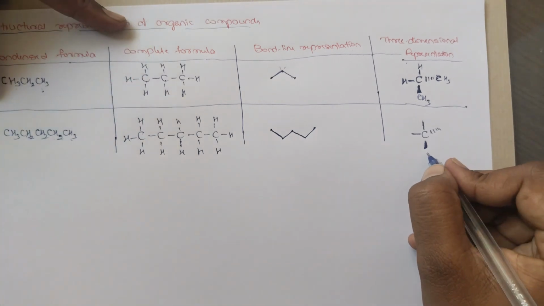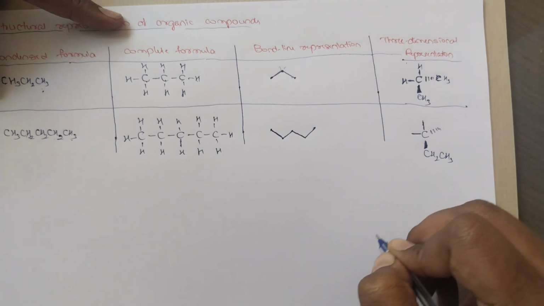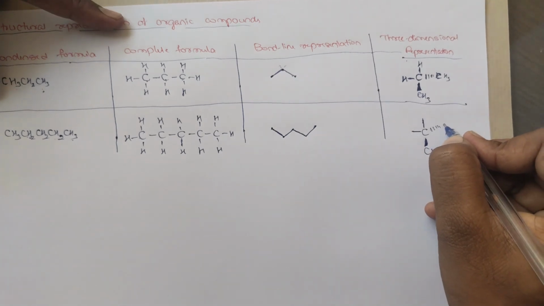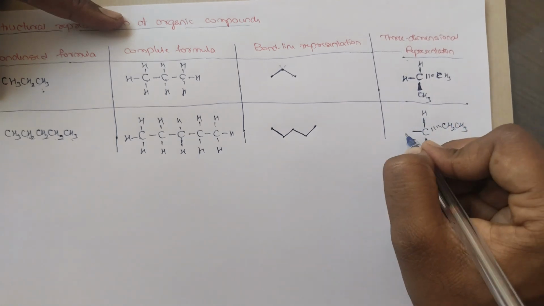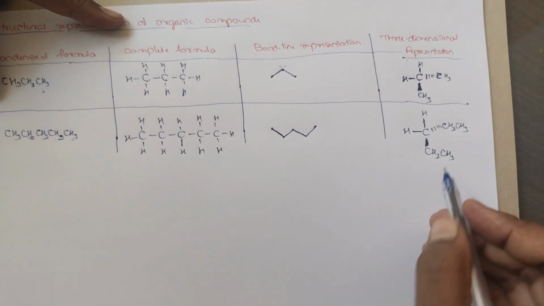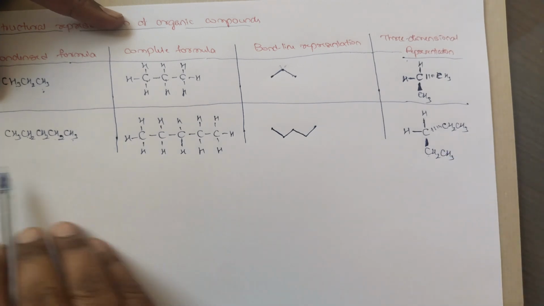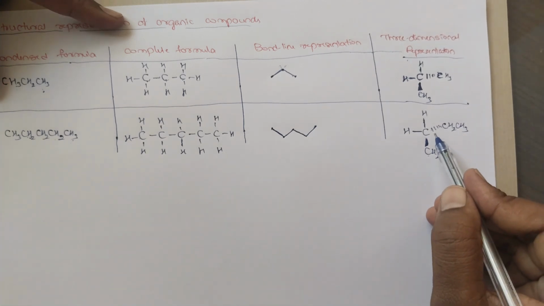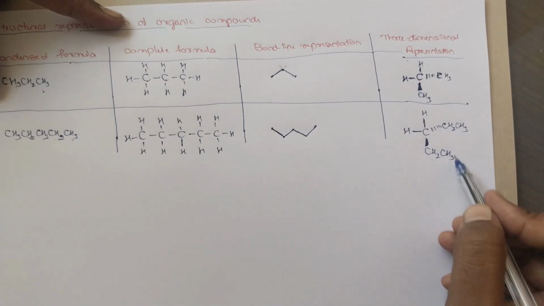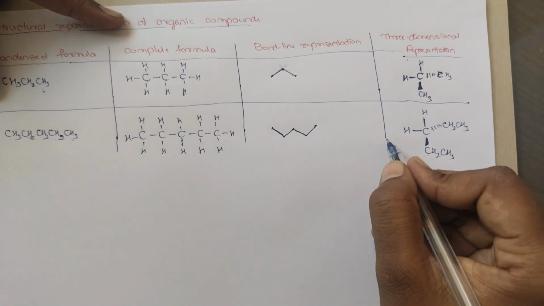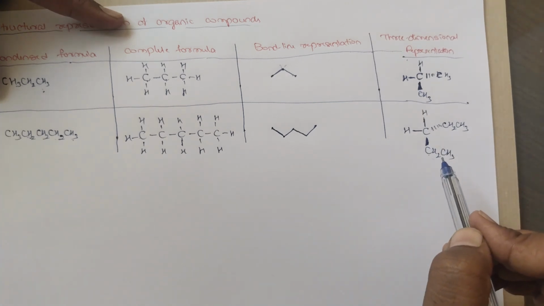Here you can take that this CH2CH3 is above the plane, and this CH2CH3 is below the plane, and 2 hydrogens are in the plane. Same molecule with 5 carbons, and this ethyl group is below the plane, this ethyl group is above the plane. This is the structural representation of pentane.